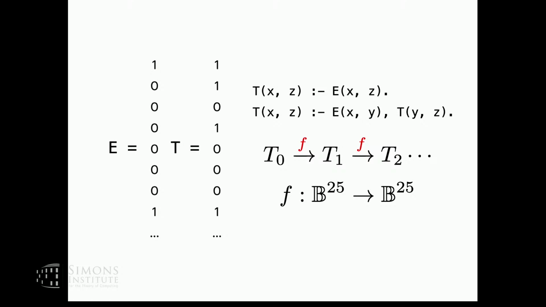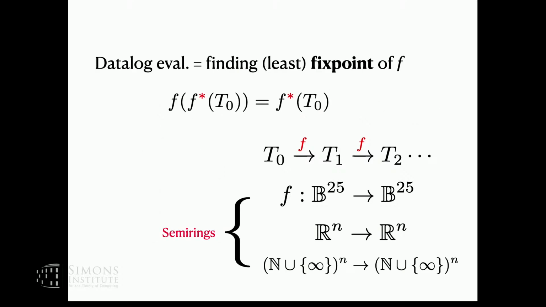Okay. So now we represent it like this. And we can think of our Datalog program as applying a function f onto this big vector, which represents the state of the T relation at each step until a fixed point. The function f maps a 25-dimensional big vector into a new 25-dimensional big vector. And then we can generalize this a little more.